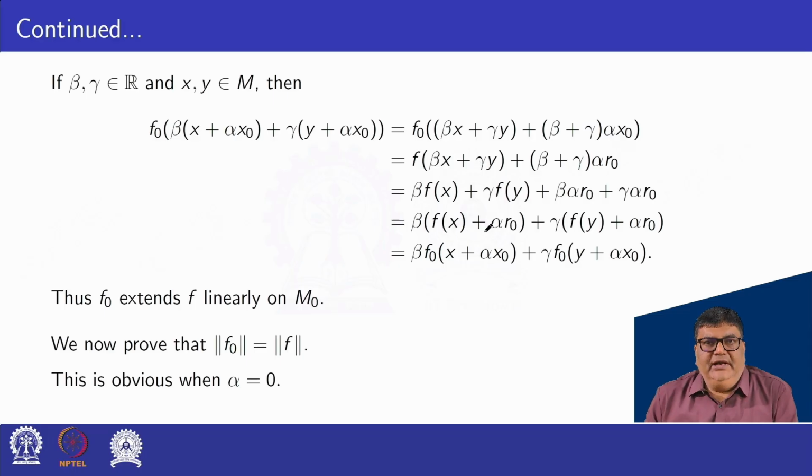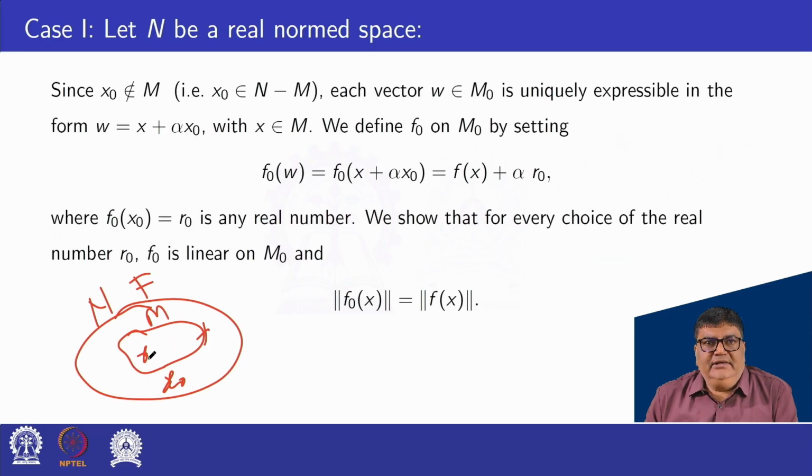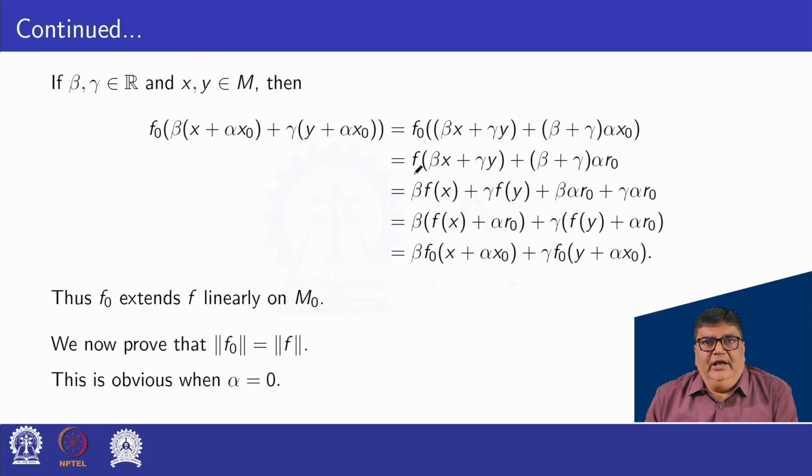f0 of beta x plus gamma y can be written as f of beta x plus gamma y, because here x, y are elements of M, and the functional f is defined on M. So f is linear.